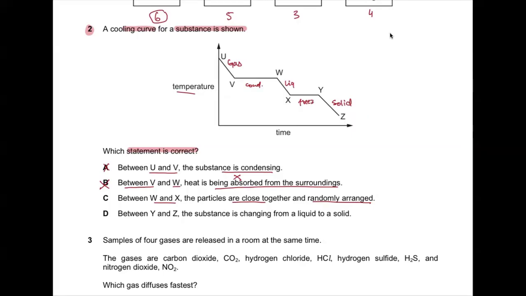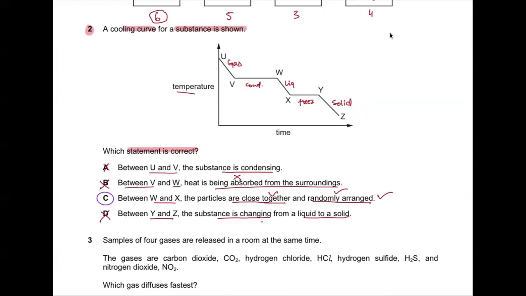So if it's a liquid from W to X, in liquids the particles are closer and they are randomly arranged. So C seems to be a correct answer. Statement D: between Y and Z, the substance is changing from liquid to solid. No, that freezing change already occurred from X to Y, and from Y to Z it's only solid. There is no change in state. So D goes wrong and C is the correct answer.